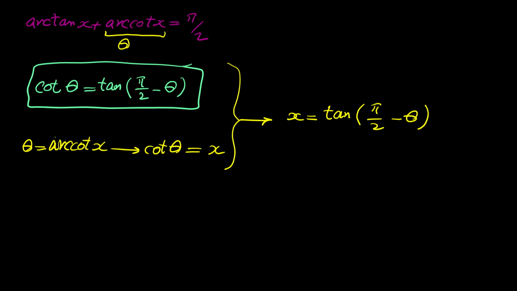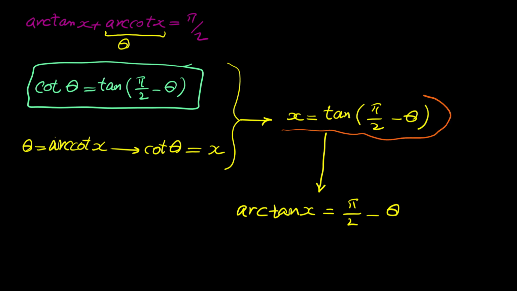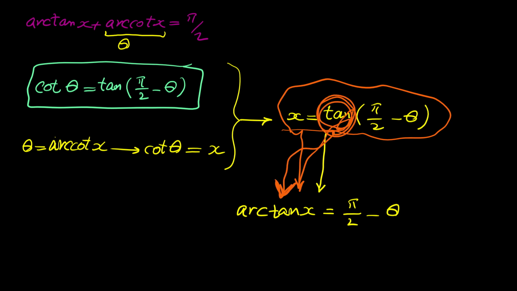Now this is the important part of the proof. Now from this relation I want to conclude that tangent inverse, or arctangent, of x is pi over 2 minus theta. Please pay attention: not for any angle from this relation can you invert the tangent and write arctangent on the other side.